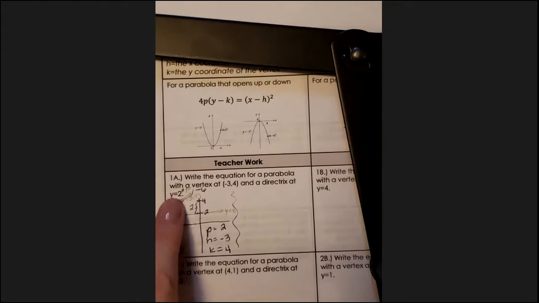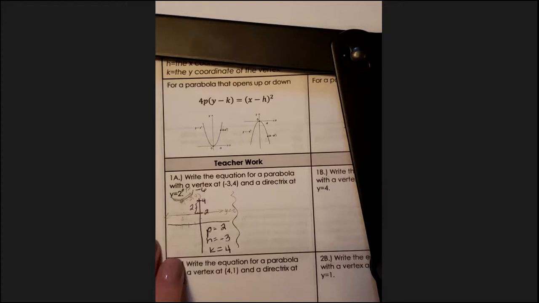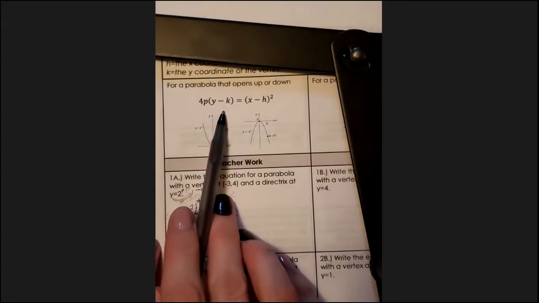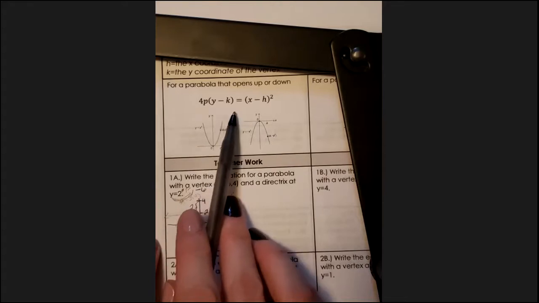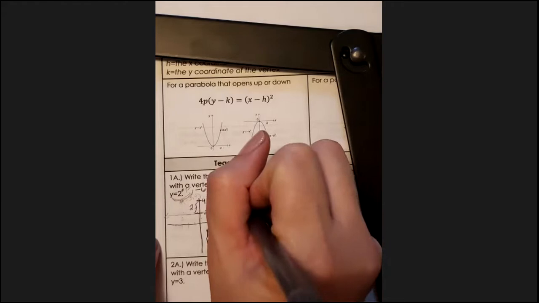Well, this is a vertically opening parabola. Its axis of symmetry is a vertical line. So I'm going to use this formula, 4P times y minus k equals x minus h squared. And I'm just going to write that formula.